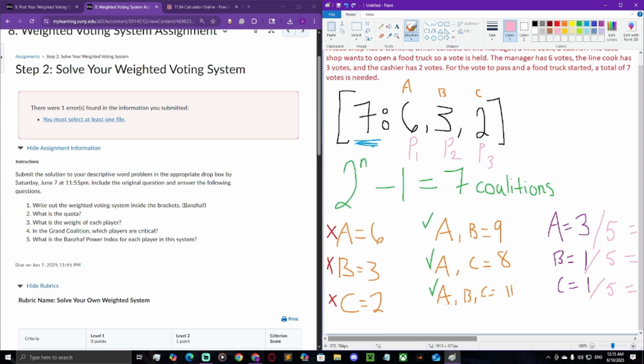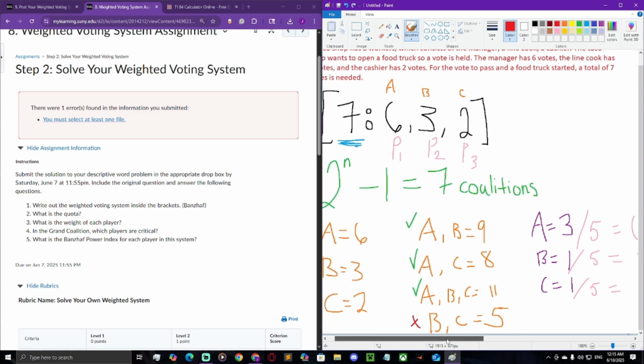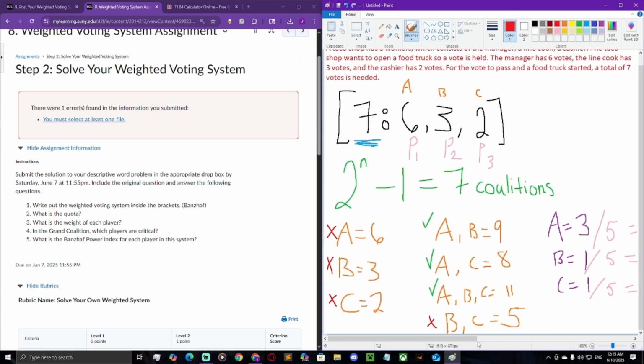We remove A, then we get the coalition BC. Oh, I didn't write out the other coalitions, actually. That's why I was getting confused. What is BC equals? 5. That's why I was missing this. Which is a losing coalition. There we go.